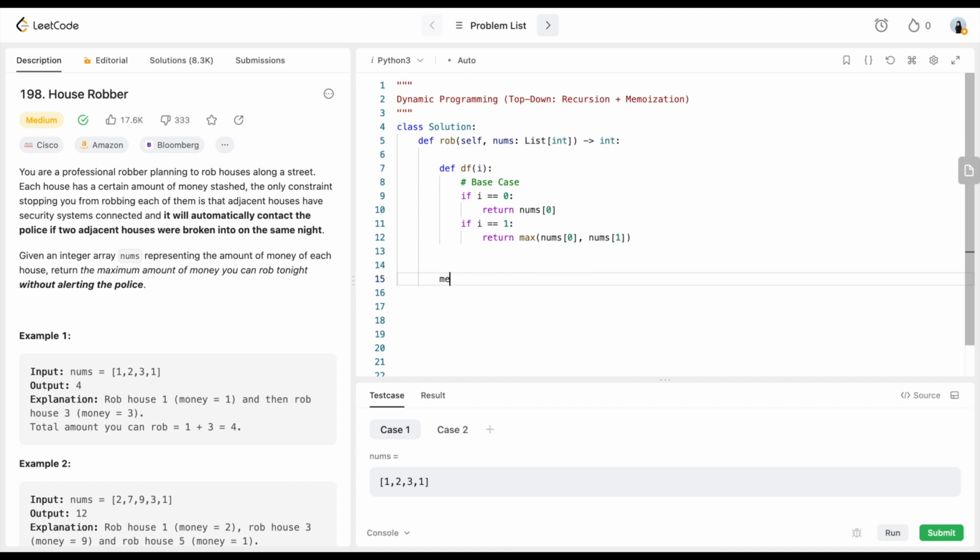For recursion with memoization, we can have a memo dictionary to store our results so we don't repeat calculations to save on time. Or else, like the Fibonacci sequence, everything keeps getting recalculated, and our time complexity will be very high. It will be O of 2 to the n, exponential.